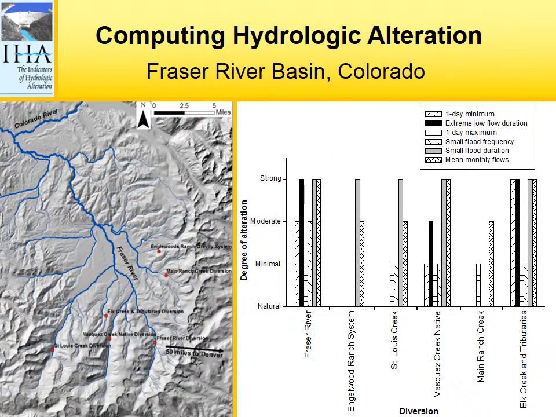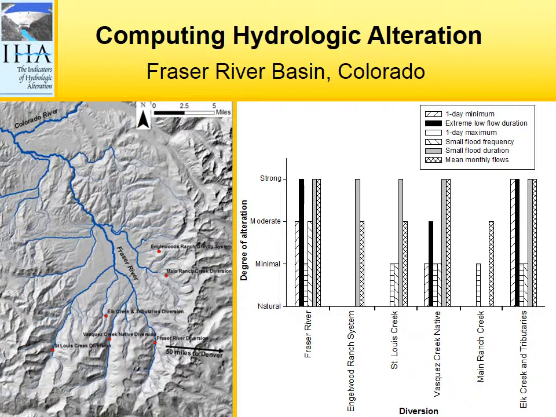And this way we can start to build up a picture of alteration across the basin. Here's an example from the Fraser River Basin in Colorado. There's the rivers on the far side on the map. And if we look at them in terms of the degree of alteration, each of those kinds of rivers, we can see that they are differently altered.